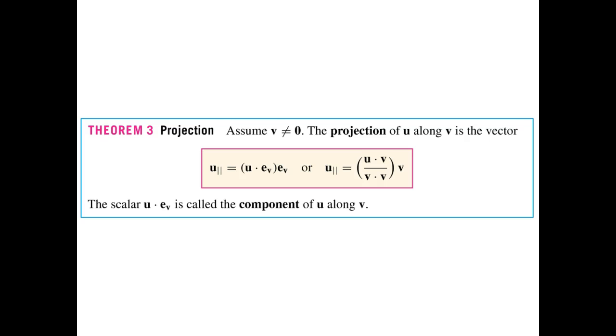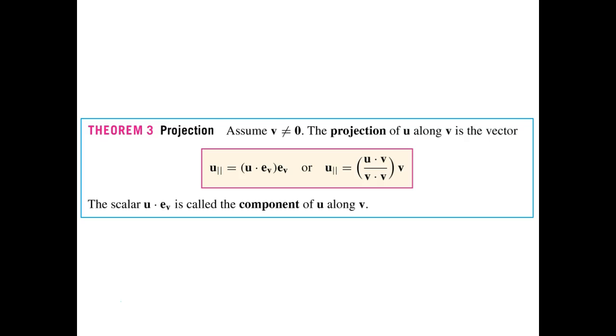This is the component of U parallel to V. And that would be the dot product of U dot V. Now this is the unit vector along V, multiplied by V. The dot product of vector U with the unit vector along V gives you a magnitude in the direction of V along the unit vector of V.